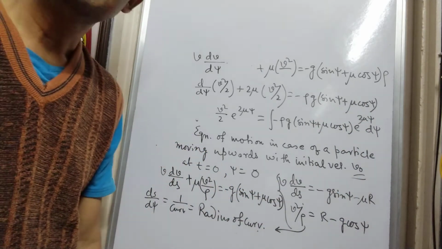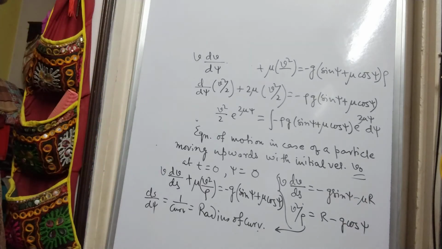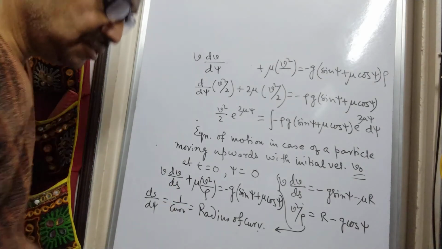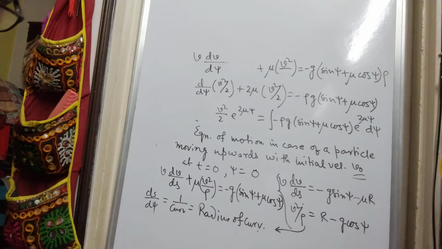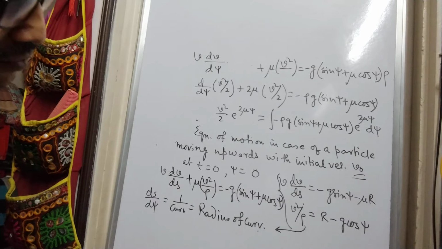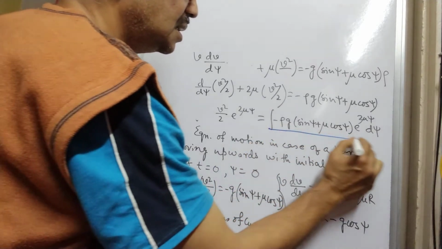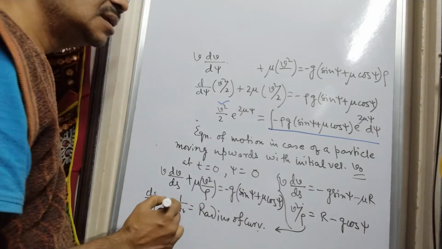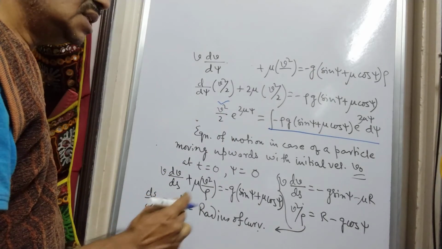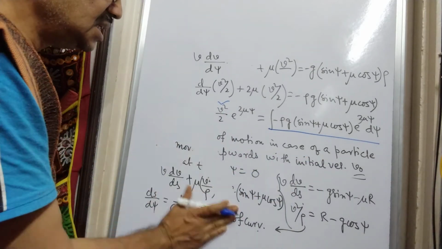Okay, so that is the solution of v square. We may easily integrate this right hand side and get the value of v square with this initial condition. What is the initial condition?